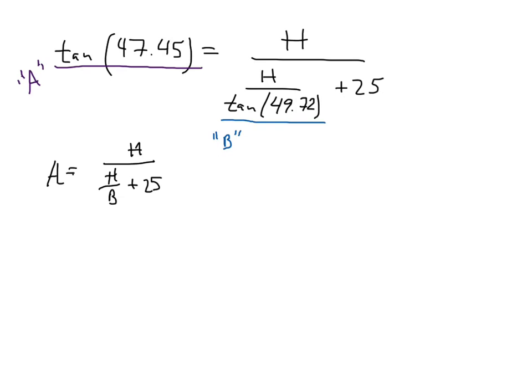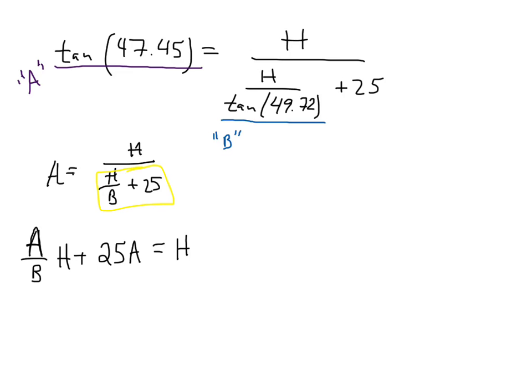So if we multiply both sides by this piece, we get A over B times h plus 25A equals h.